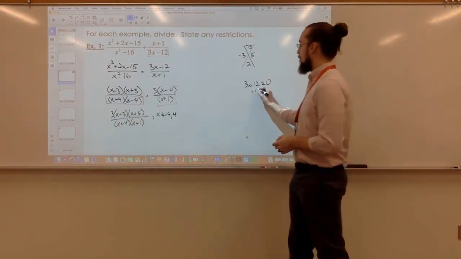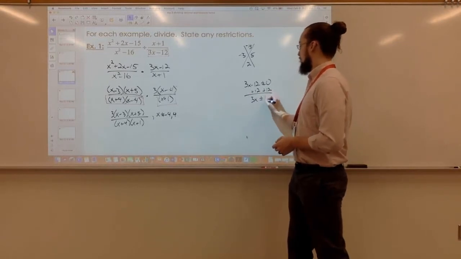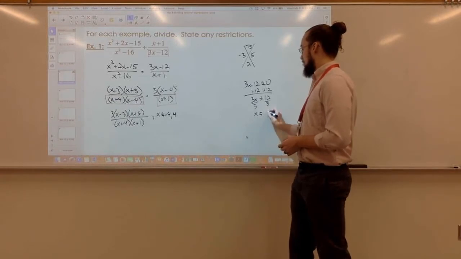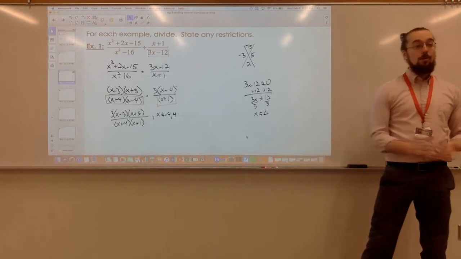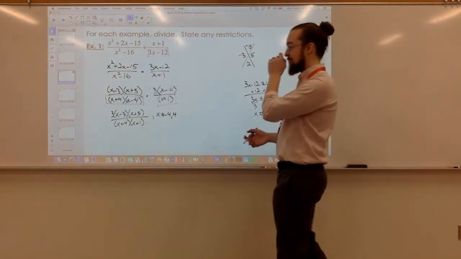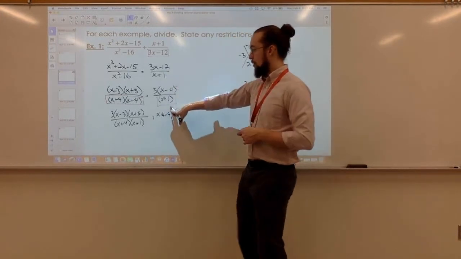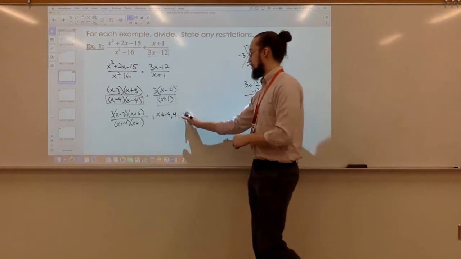So I would add 12, we get 3x cannot equal 12, divide by 3, and x cannot equal 4. We already had that one. How about this one? X cannot be negative 1.